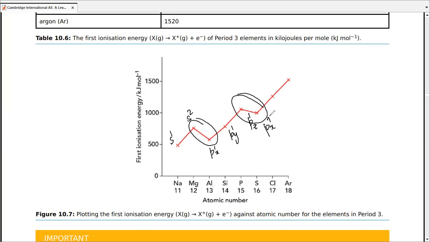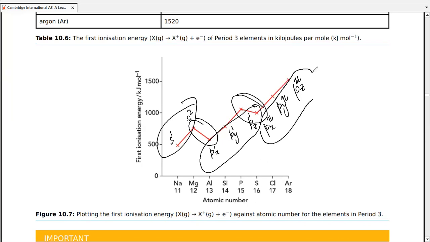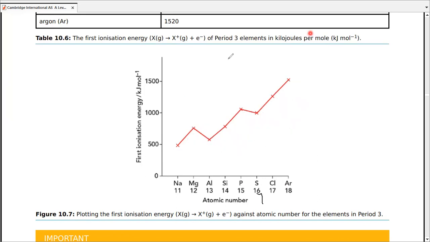Then we start filling px2, py2, and pz2. That's how we fill electrons. So for s's, it's different. For single unpaired electrons in the p's, it's different. And when we have the paired electrons in p's, it's different. Though the trend stays increasing, there are two dips, and that is because when you move from s to p, and from unpaired to paired electrons in p, we get a dip. Since they have been previously explained, I was trying to explain them a little bit quickly.